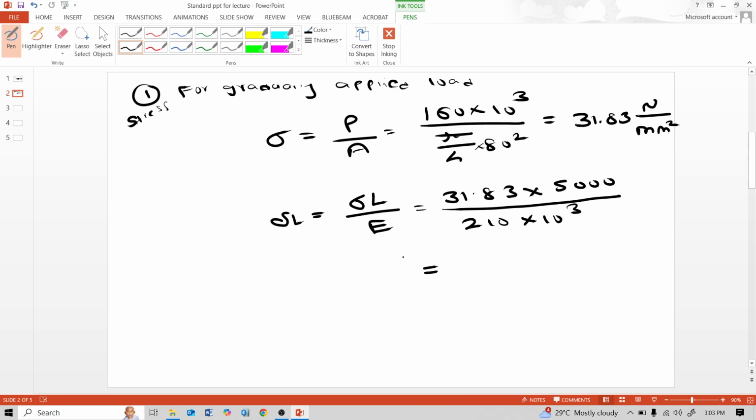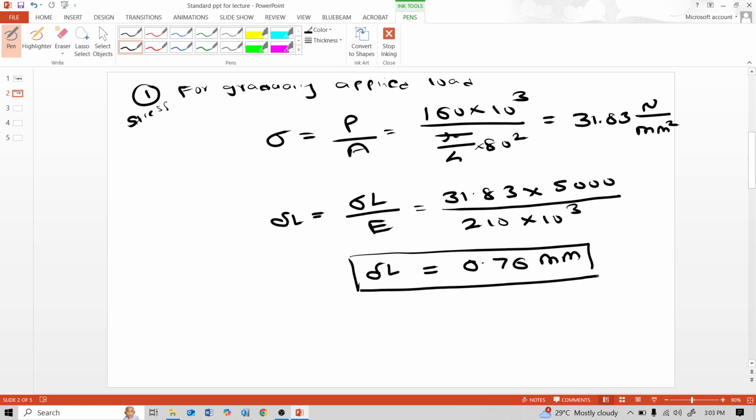So 31.83 into 5000 divided by 210 into 10 raised to 3 is 0.76 mm. This is the change in length, and this is the stress for gradually applied load.